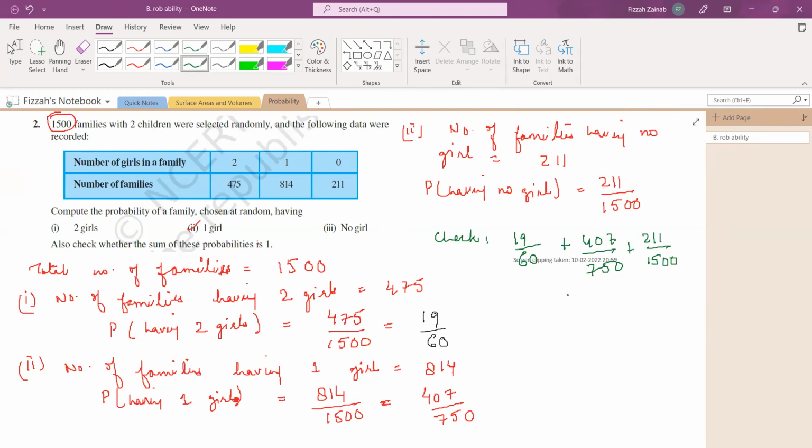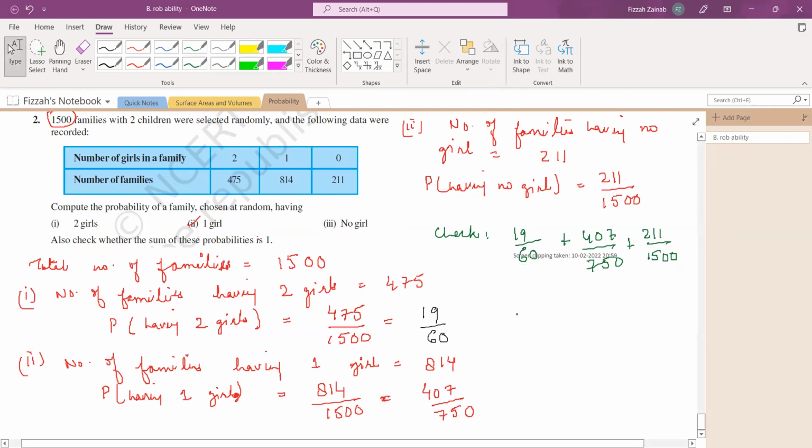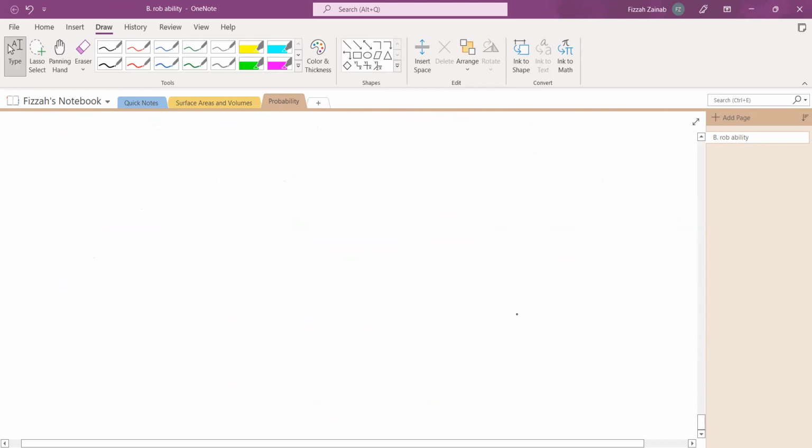Ma'am, we will take LCM of the denominators. Exactly. So when you want to add or subtract fractions, first step is to take the LCM, right? So should I do it or should I leave it for you? Okay, let's do it. So 60, 750 and 1500.